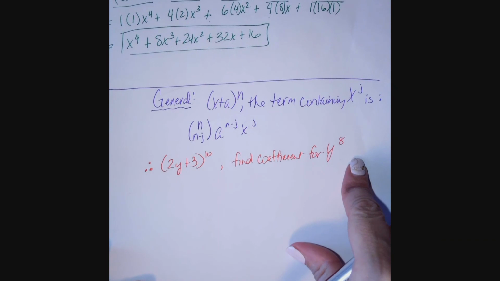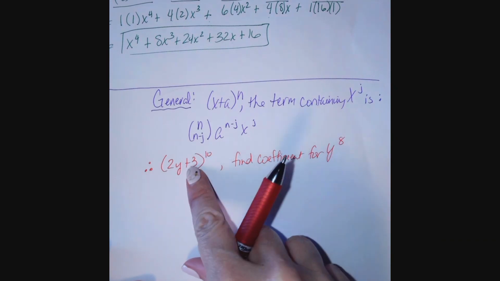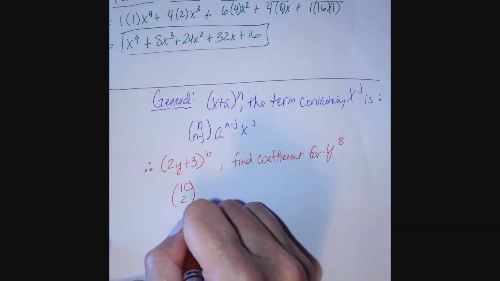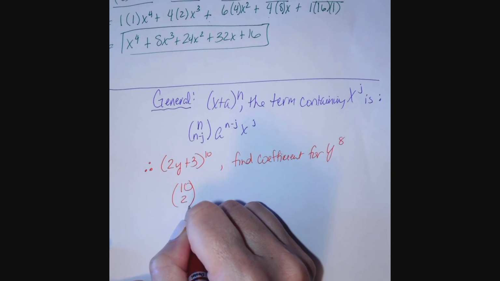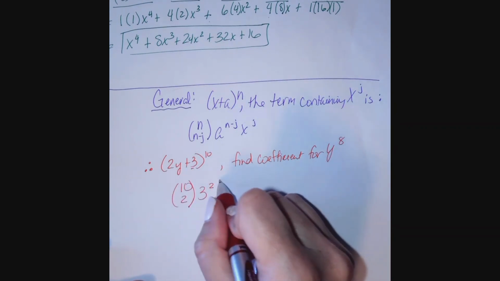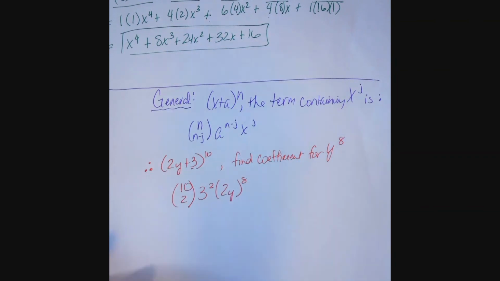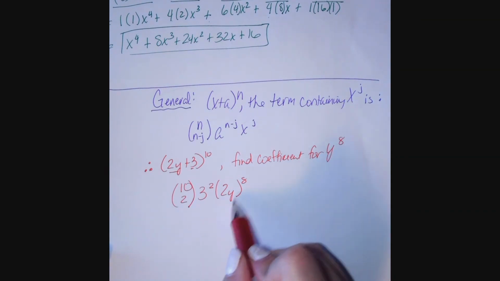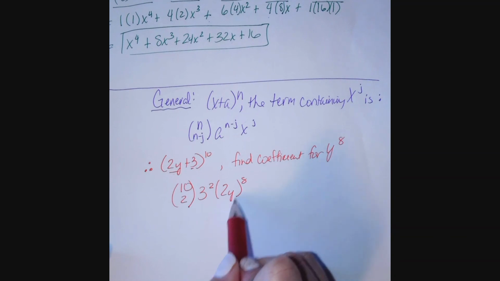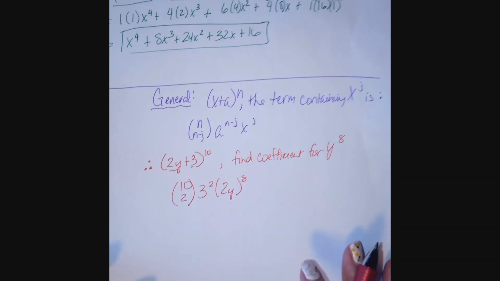So if y is to the 8th power, then this 3 is going to be squared. So I'm finding 10 choose 2. That's my binomial coefficient. And then I have the 3 squared and 2y to the 8th. Now, don't forget the 2y. It says y to the 8th. Well, that's the variable part. But this first term of my binomial is 2y, so that entire thing is raised to the 8th power.